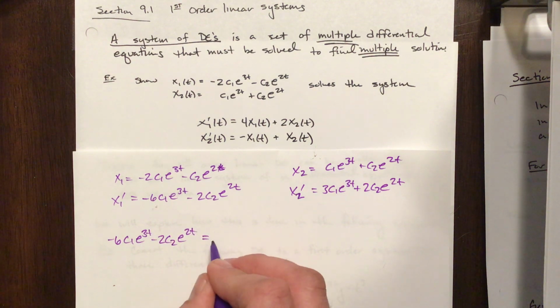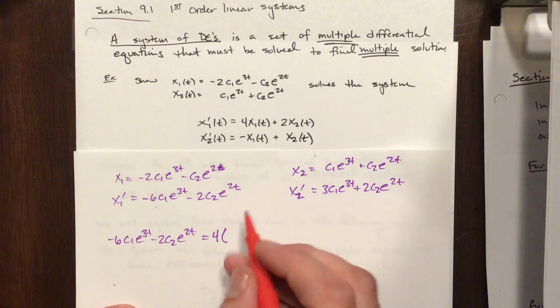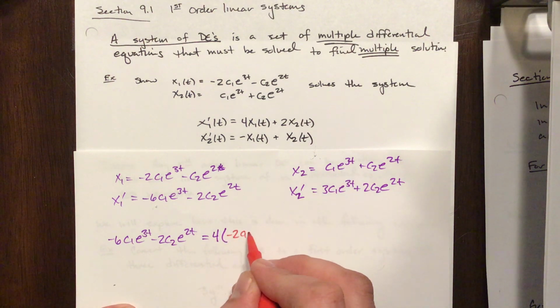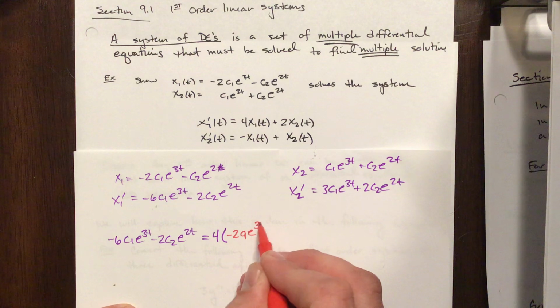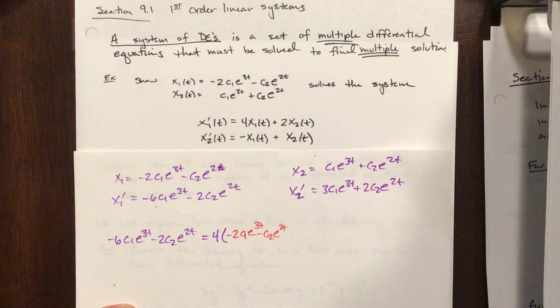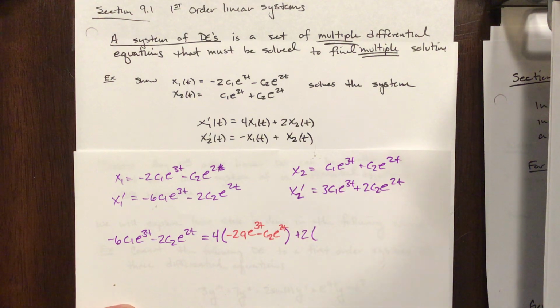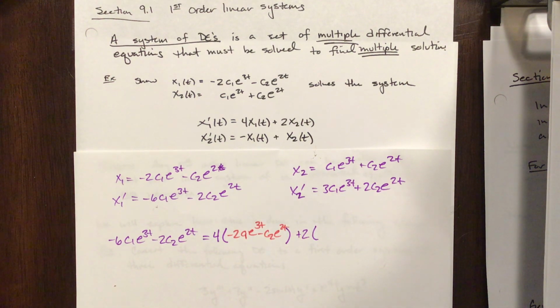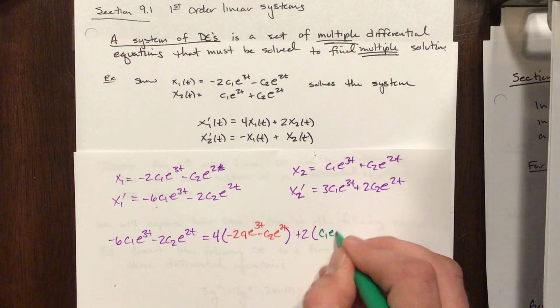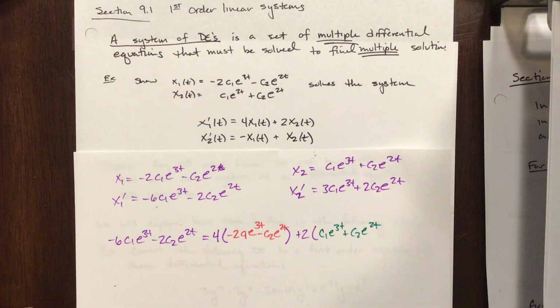And what we're here to do is show that this is equal to 4 times whatever x1 is. x1 is minus 2c1 e to the 3t minus c2 e to the 2t, plus 2 times x2. What's x2? It's c1 e to the 3t plus c2 e to the 2t.